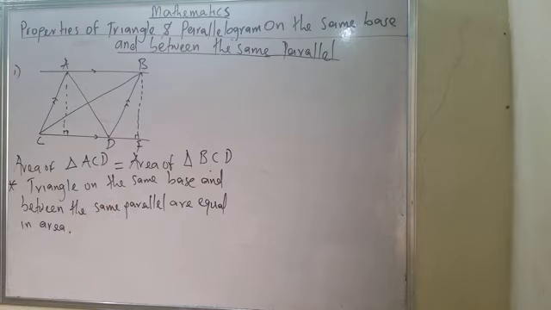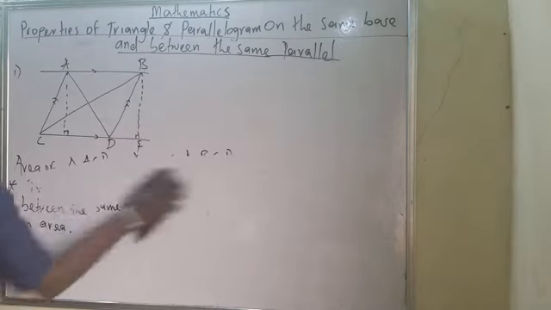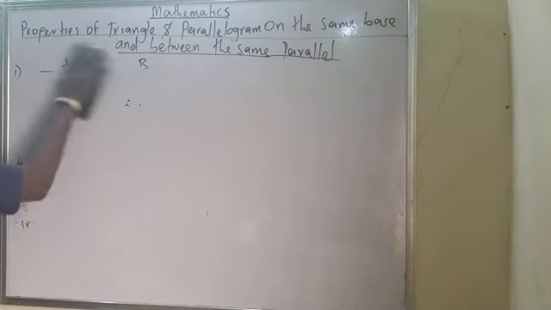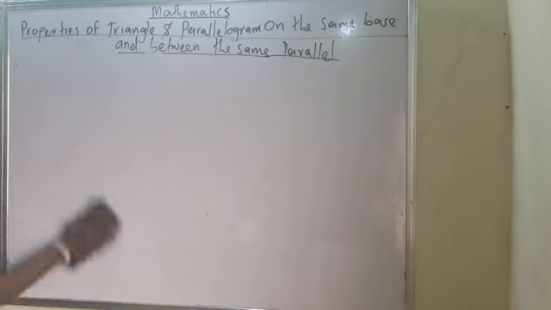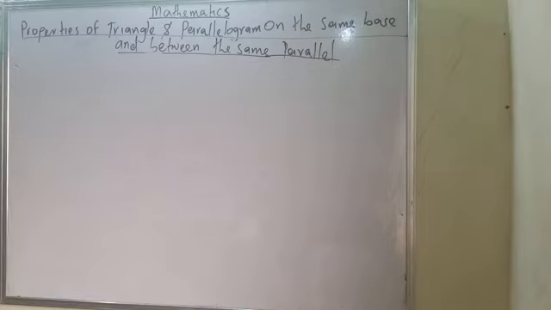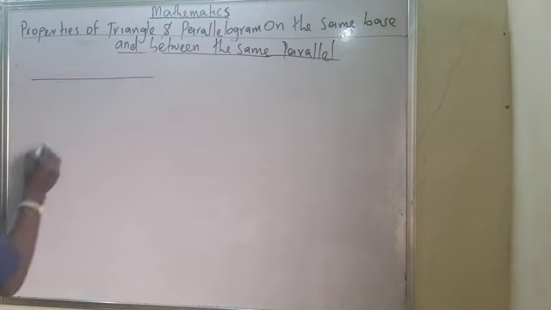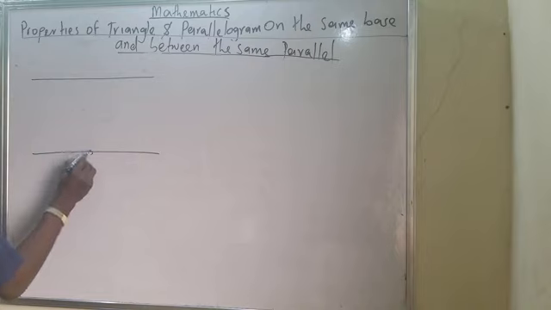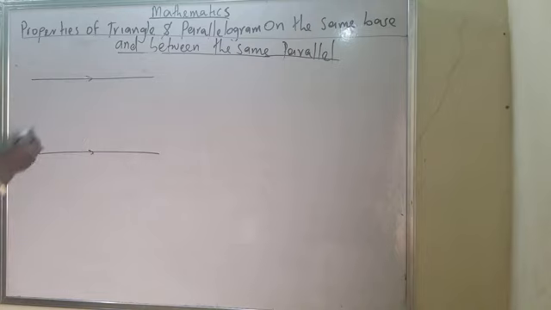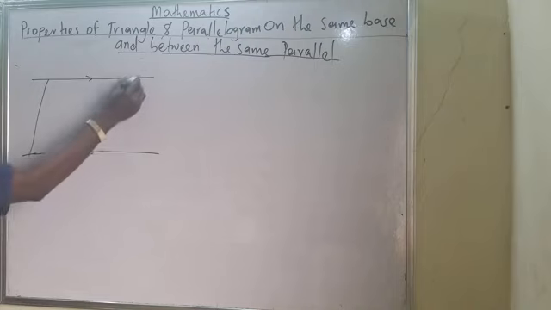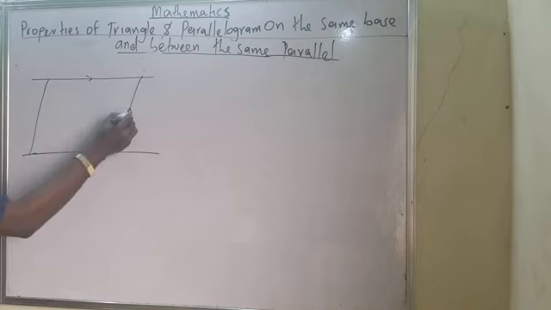The second one I want to work on is that if I have another parallelogram like this, two parallel lines like this, and this line is parallel to this line, they are parallel.